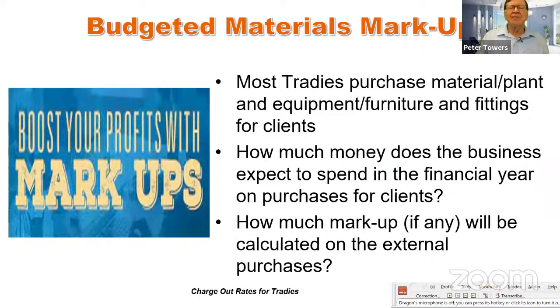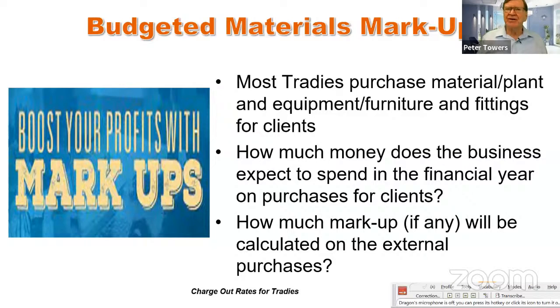Next item we want to talk about is materials markup. Most tradies purchase materials, products, furniture, fittings, light fittings for the client. They get from the client indications as to what they would like to be put into the house or the building or whatever is being built.